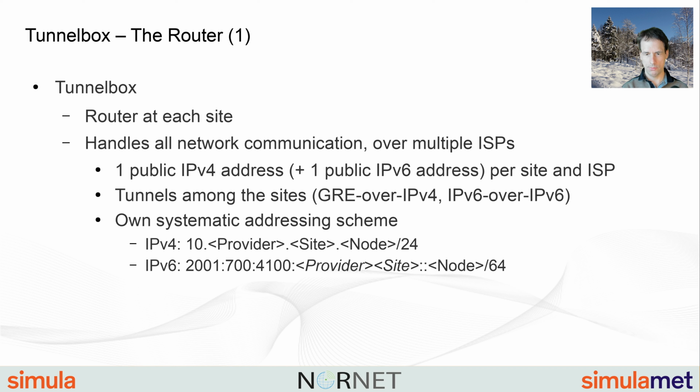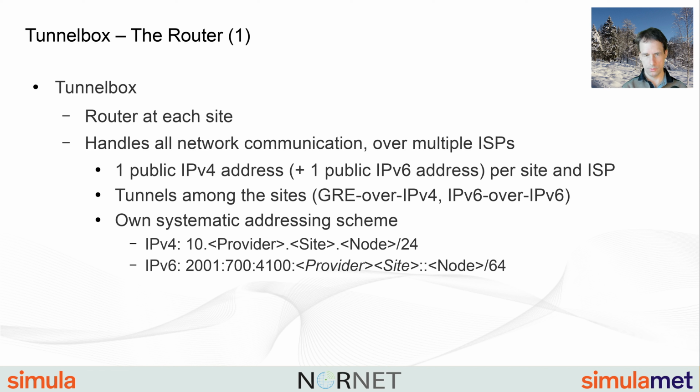So the idea was, of course, we want to expose the user to all the effects of the current internet, like delay, latency, jitter, bandwidth, and such. So therefore we do tunneling. We have for our router only one public IPv4 and one public IPv6 address per site per ISP, and we establish an internal tunneling where we can configure our own internal address range.